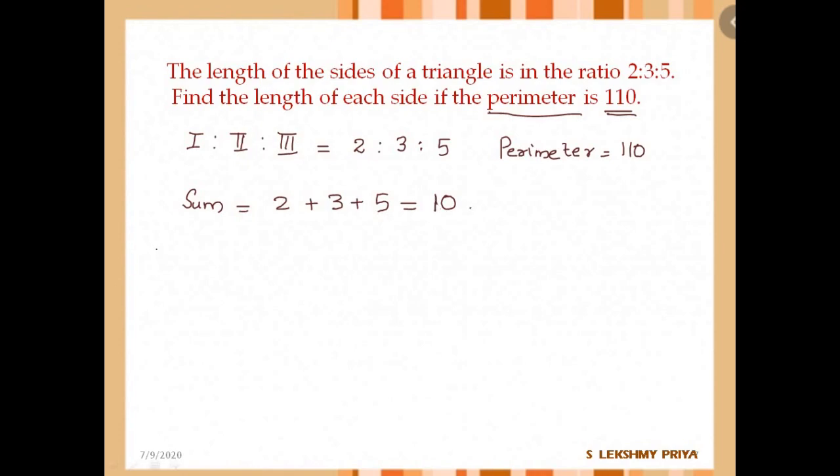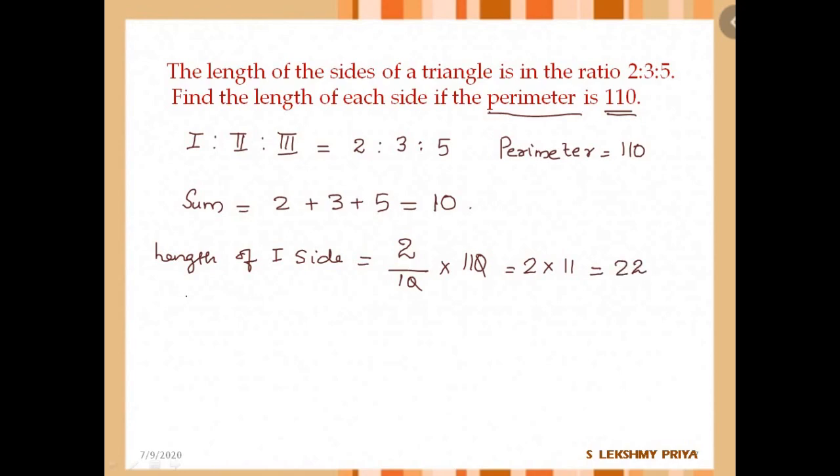Now to find the length of the first side, we are going to use the formula first term by sum times number to be divided. Here the total number is given as 110. So the first term is 2 and the sum is 10. The perimeter is 110. 0 get cancelled each other. 2 times 11 it is 22.